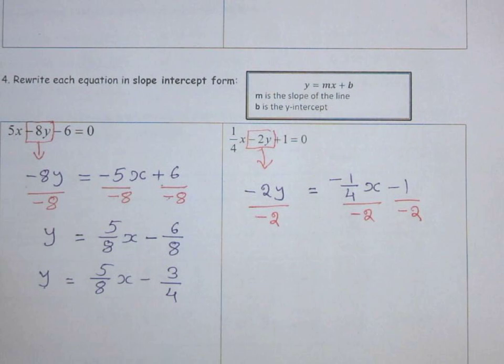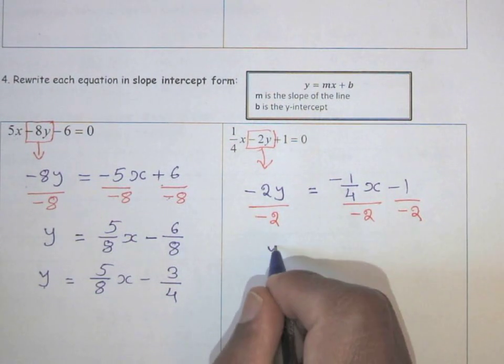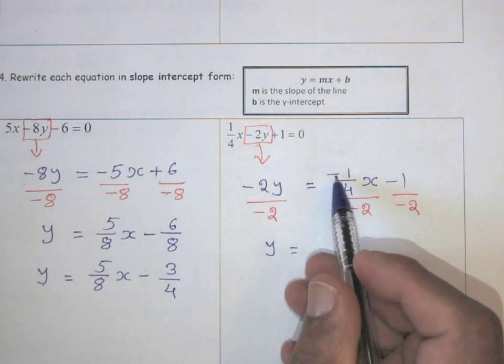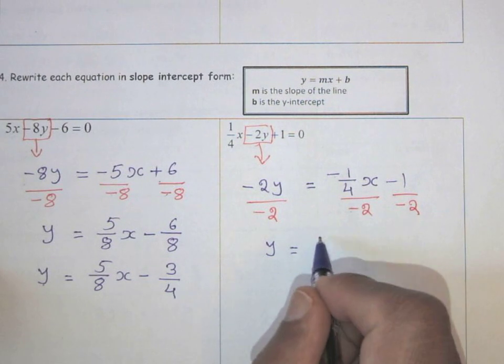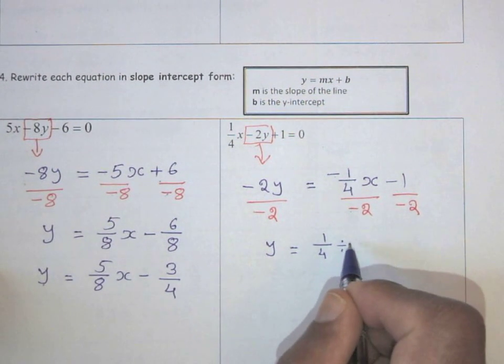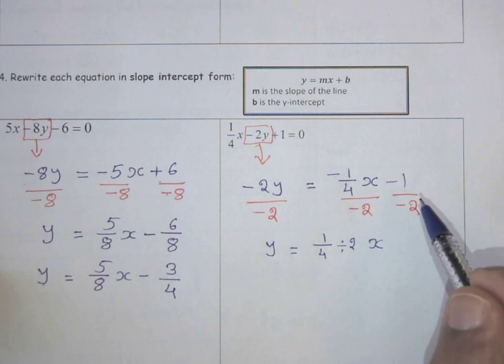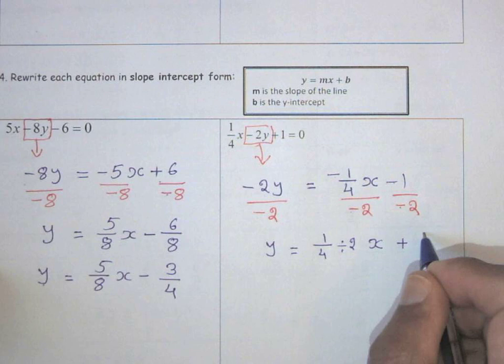The left side simplifies to positive y, so y equals, and negative over negative is positive, and you have 1 over 4 divided by 2, and then x. And then negative over negative is positive, so you get 1 over 2.